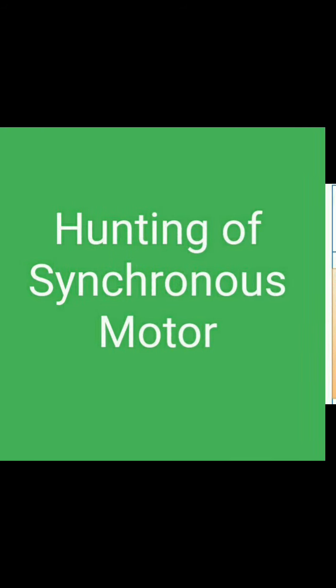Today, we will discuss one of the topics of synchronous motor, and that is called hunting of a synchronous motor. Another name for hunting is the phase swinging of a synchronous motor. The phenomenon of oscillation of the rotor about its equilibrium position is called hunting, and most of the time this effect occurs in a synchronous motor.